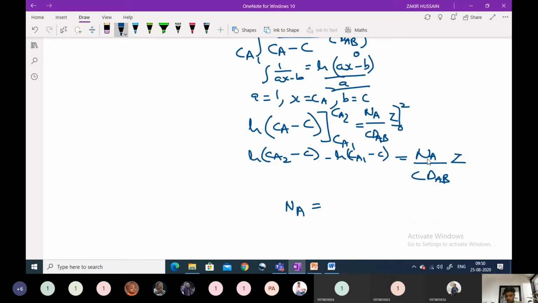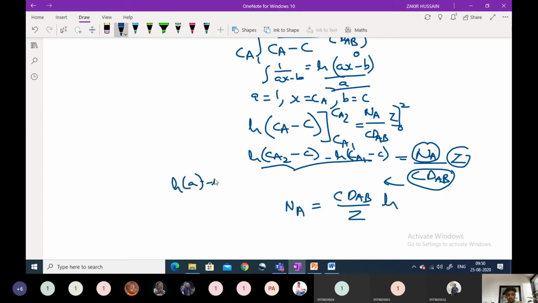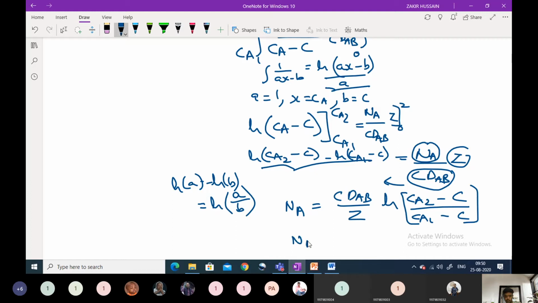Na is equal to C DAB by Z times ln Ca2 minus C by Ca1 minus C, since ln A minus ln B is ln A by B. We are interchanging these variables once again: C DAB by Z ln, writing C first, C minus Ca2 by C minus Ca1. Within the ln we cancel out the signs, so we don't get a minus.